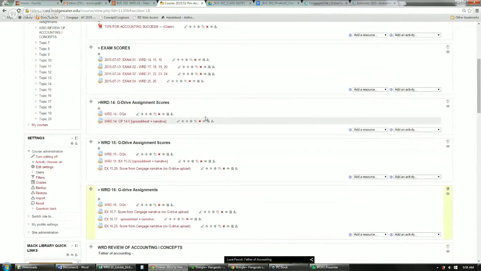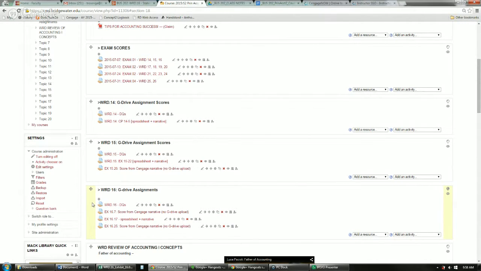For each of the chapters, there will be discussion questions that I would like you to write up answers to in a single sheet and upload them to your Google Drive. And also within the assignments, there will be narratives and spreadsheets that you should also upload to the Google Drive. Before we begin discussing a particular chapter, I will upload those specific items that you should upload to Google Drive, and you can check your scores after the due date on Moodle.